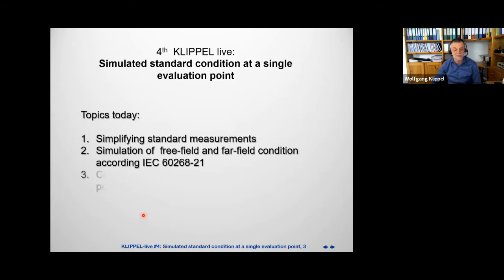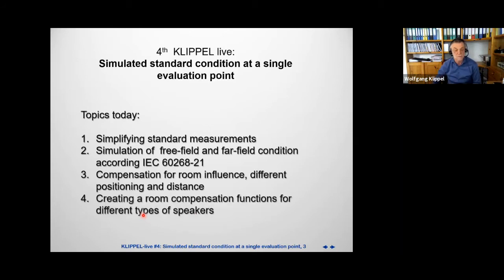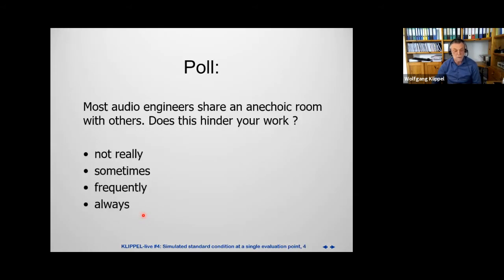That's supported by the standard. To be more precise, we would like to compensate here for the room reflection, different positioning, and the distance. And the key for that is generating a room compensation function. But you will see. We start first with an interesting poll.